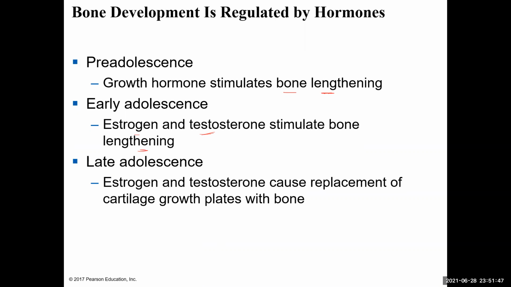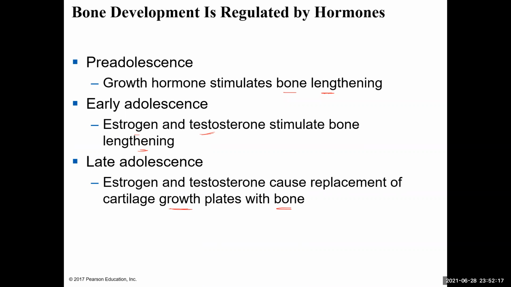And then in late adolescence, the same hormones will cause these cartilage growth plates to be replaced with bone. Okay? And so you have different growth patterns depending on what stage the individual is in the development of the skeletal system. Early on, more cartilaginous based structures, cartilaginous models, especially in the fetus.